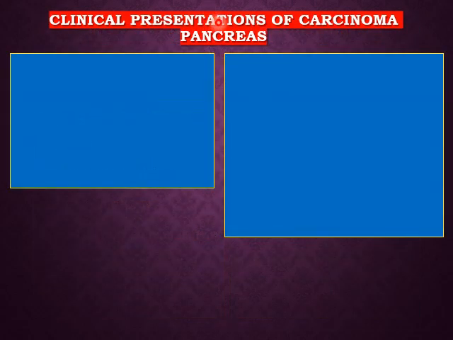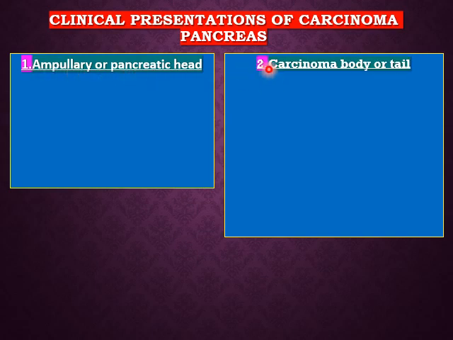Now, what are the clinical presentations of carcinoma of the pancreas? Okay, the clinical picture depends on the site of the tumor. It can be one when the tumor involves the ampulla or the pancreatic head, or the second group is when the tumor involves the body or tail of the pancreas.